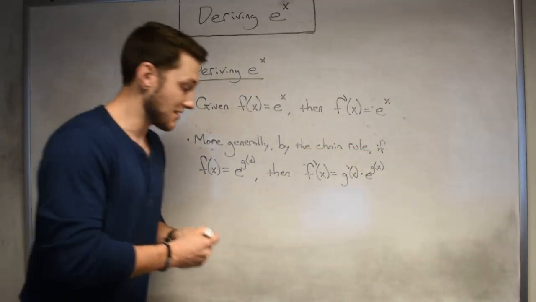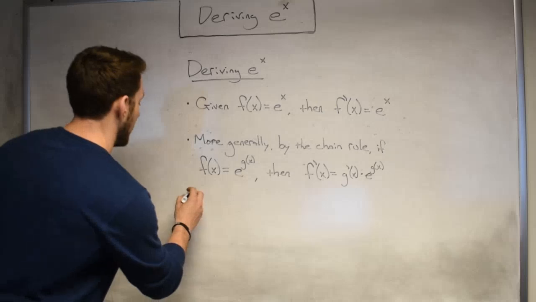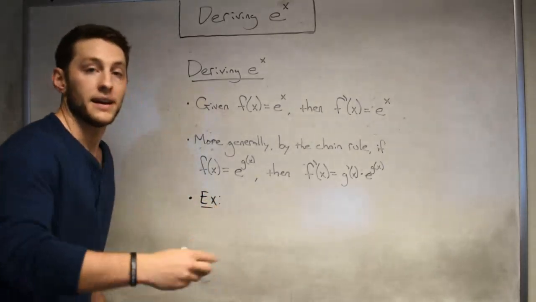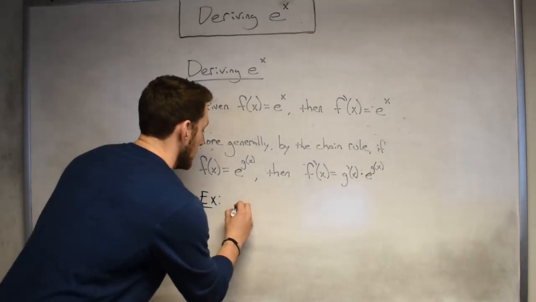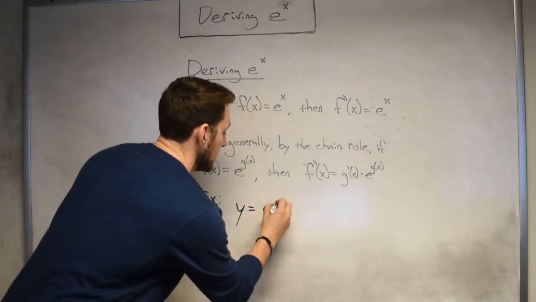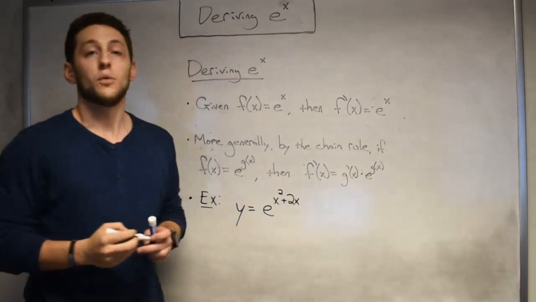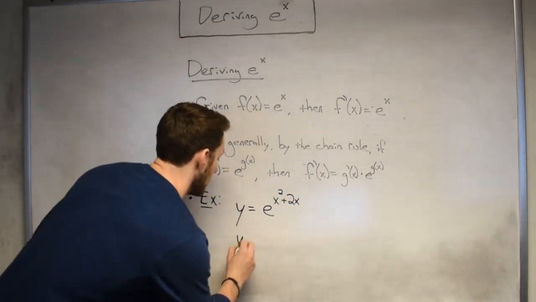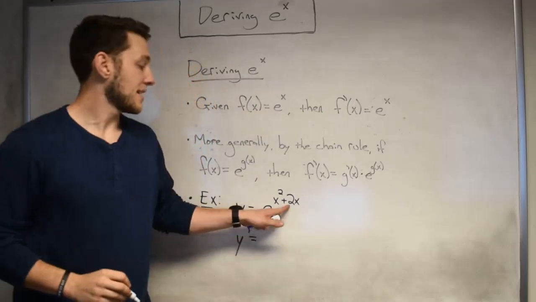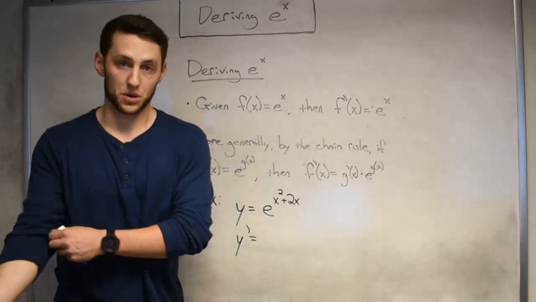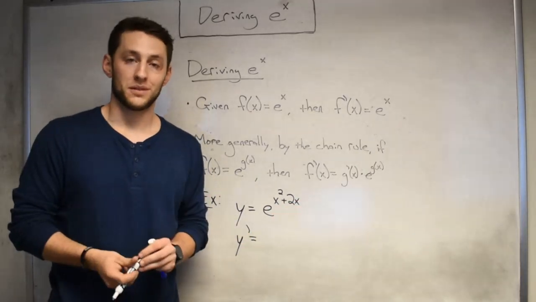A quick for instance of this rule would be the following function. Quick example, if I have the function y is equal to e to the x squared plus 2x, when I derive this, y prime, since I don't just have an x up here, I actually have to use this more general rule, which is justified by the chain rule.